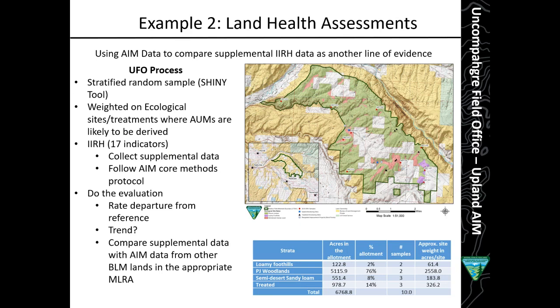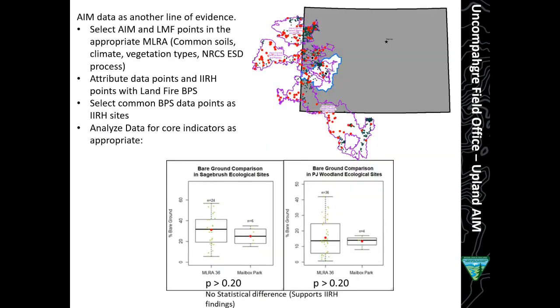which is why what we do with the AIM data is we look and we compare our supplemental IIRH data with AIM data from other BLM lands in the appropriate MLRA. So what we do there is we select AIM and LMF points in the appropriate MLRA.